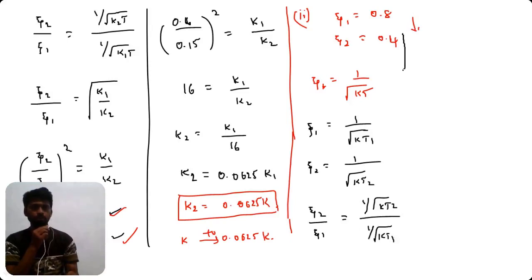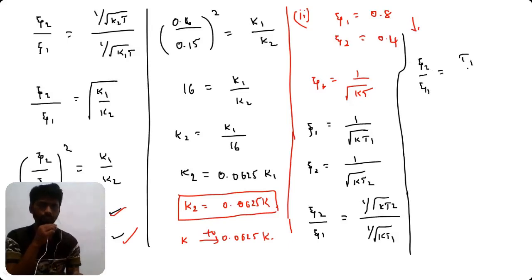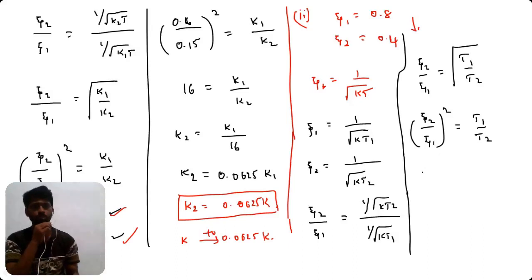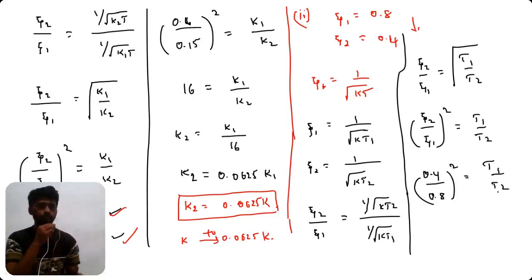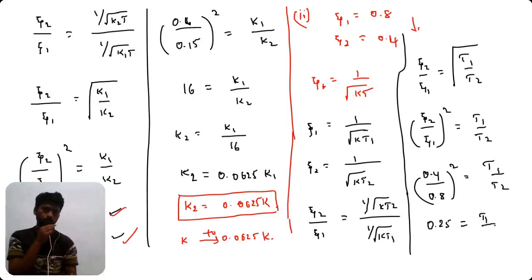If you simplify this, zeta 2 by zeta 1 equals under root T1 by T2. Squaring on both sides, zeta 2 by zeta 1 whole square equals T1 by T2. So (0.4 by 0.8) whole square equals T1 by T2. That value is 0.25, so 0.25 equals T1 by T2.